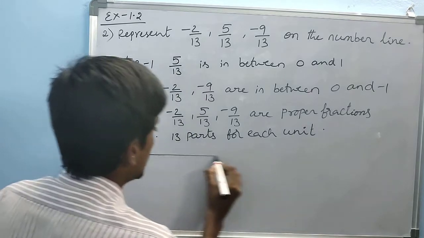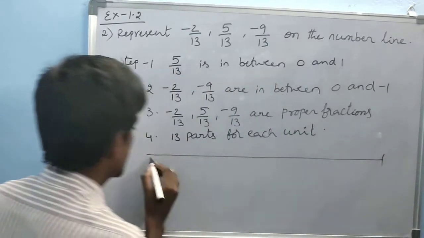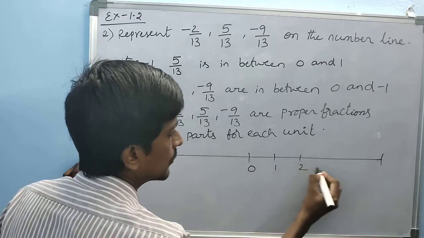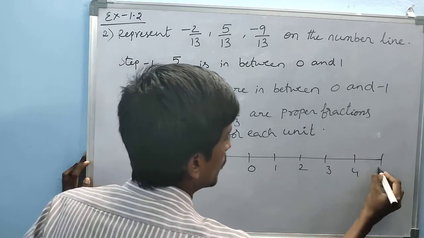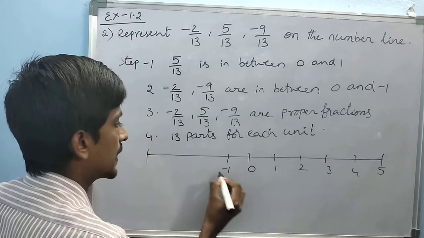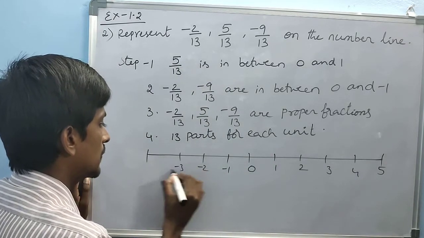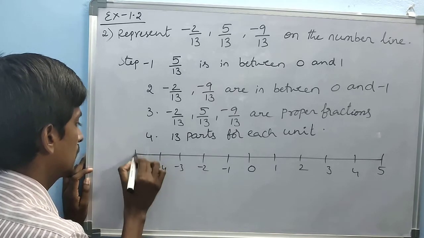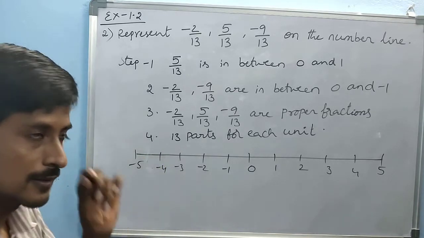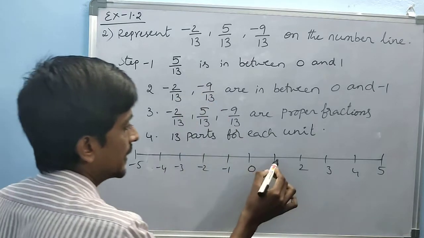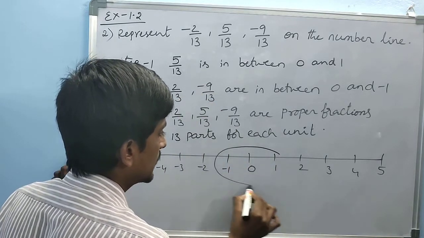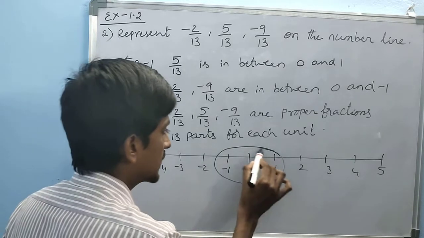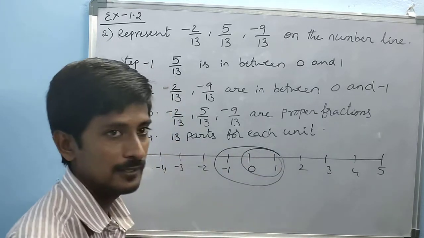Now, take the general number line: 0, 1, 2, 3, 4, 5, minus 1, minus 2, minus 3, minus 4, minus 5. So 5 by 13 is actually between 0 and 1.